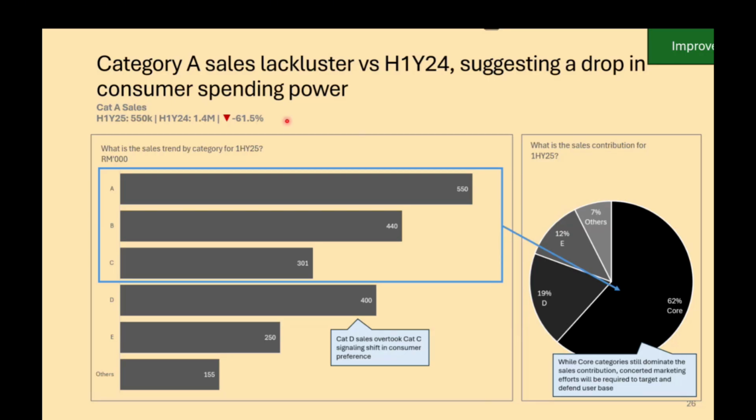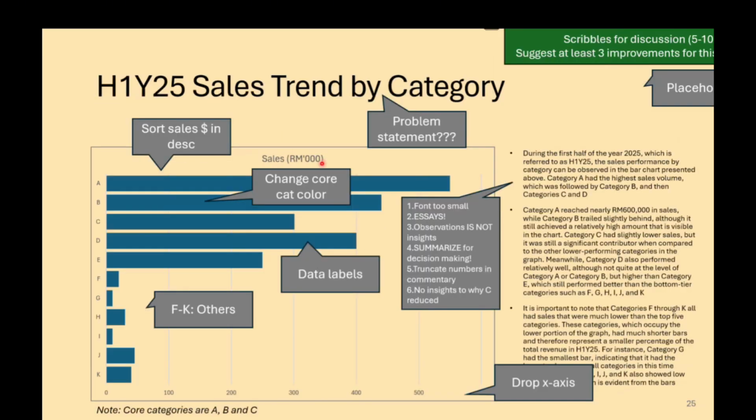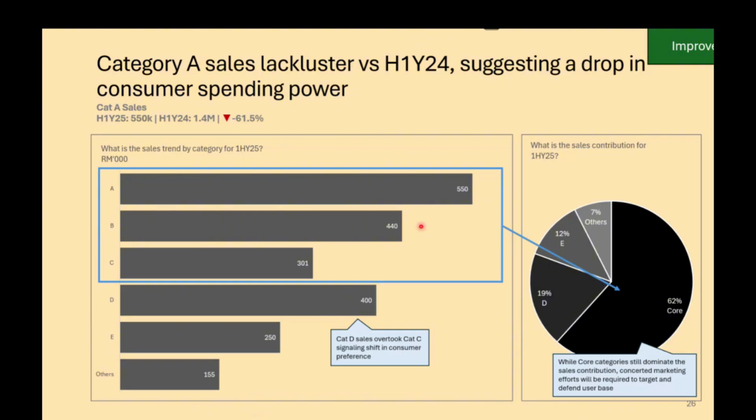The C type are the detail-driven, conscientious person. Okay, so I am basically meeting the needs of these people. Okay, and instead of me putting in sales in thousand and then my title of the chart is first half sales trend by category, what I did is changing it into a question.